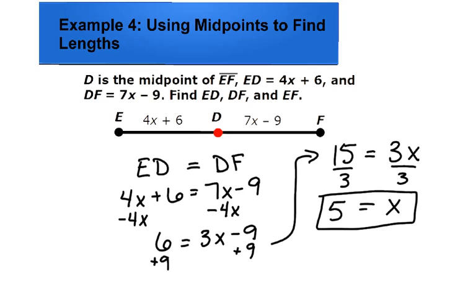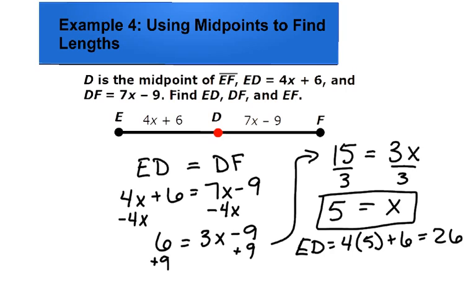X is equal to 5, but it asks us to find ED, DF, and EF. If we plug in that 5 for our x values here and here, you would see that our ED is equal to 4 times 5 plus 6, that's 26.